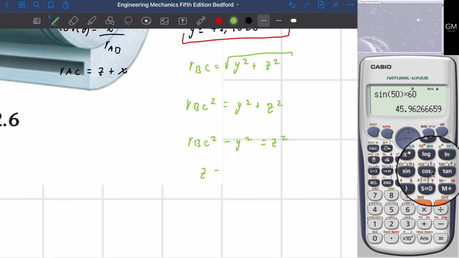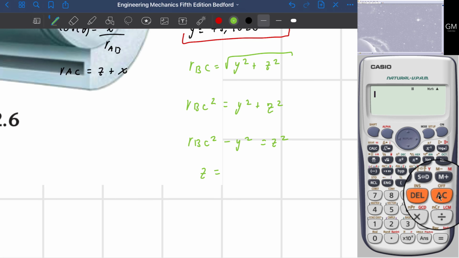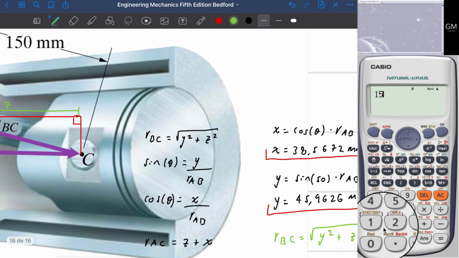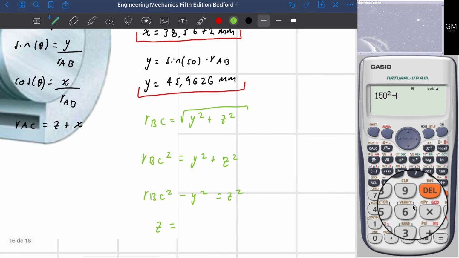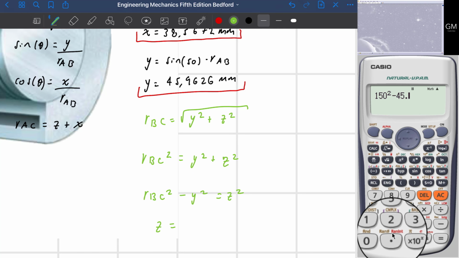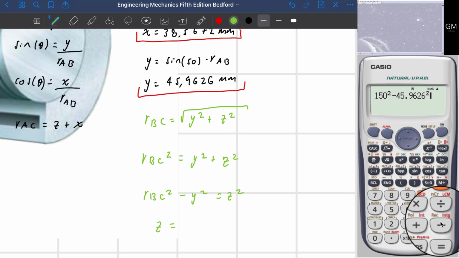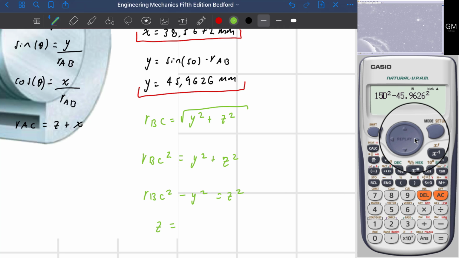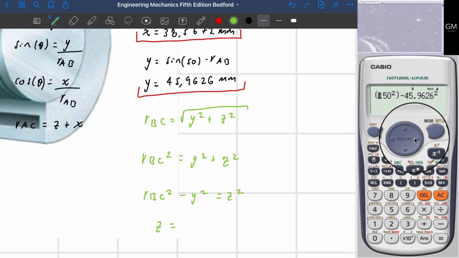That means that c is equal to RBC, which is 150 millimeters, to the second power minus 45.9626 evaluated to the second power. Okay, I have a mistake right here. Should I think so? So I'm going to use parentheses right here.